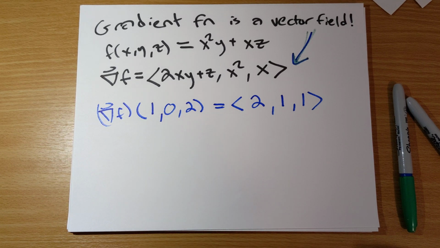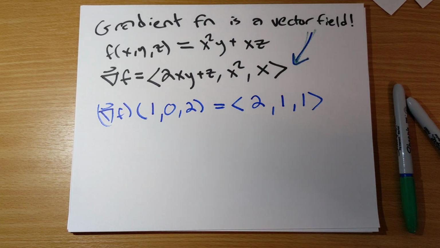In fact, gradient fields are some of our most important examples of vector fields. Okay, so this is all good. We have better intuition for what's going on here with vector fields. We're getting closer to defining vector line integrals, because that's where we're headed in this section.